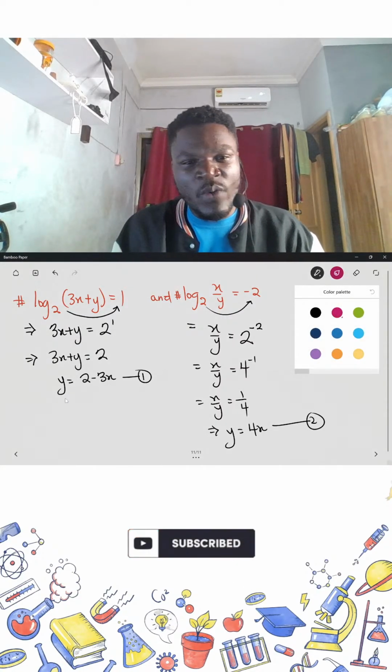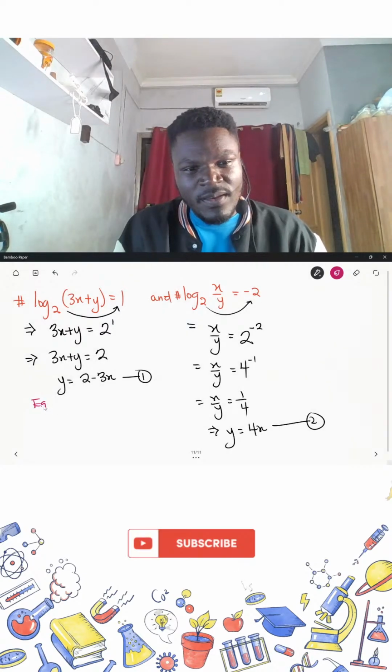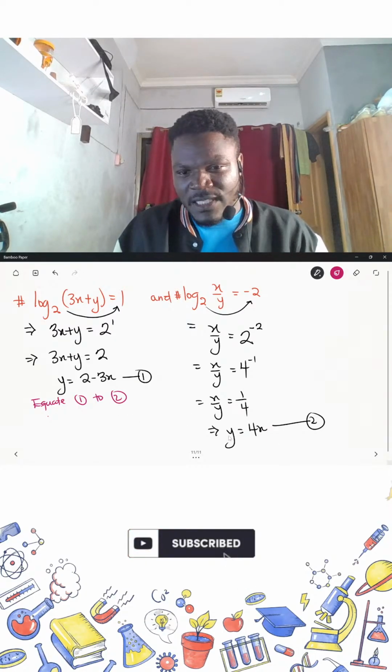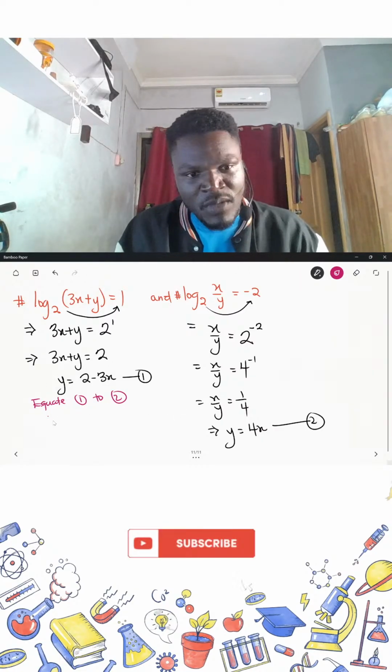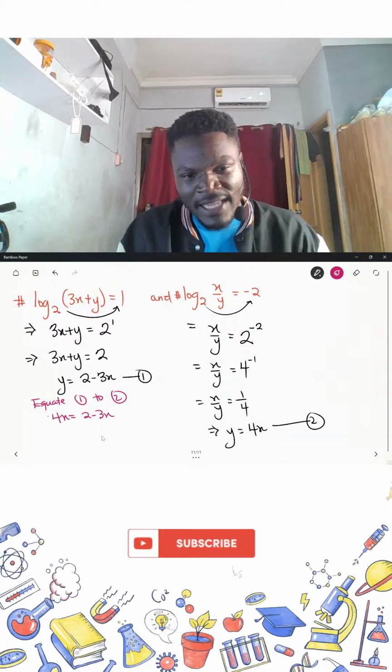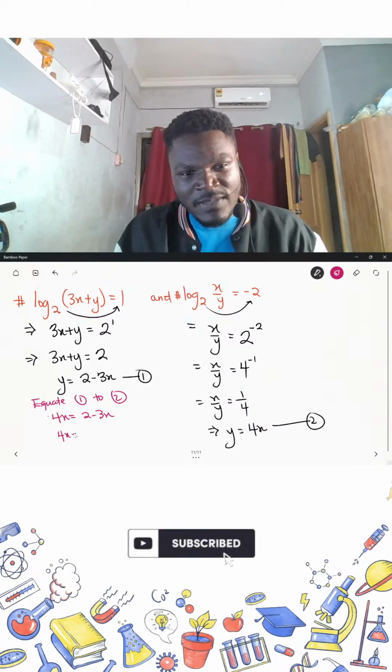So we will equate equation 1 to equation 2. This is y is equal to 4x, so in place of the y over here, we place 4x there. So 4x is equal to 2 minus 3x. If I bring the 3x over here, I'll have 4x plus 3x is equal to 2.